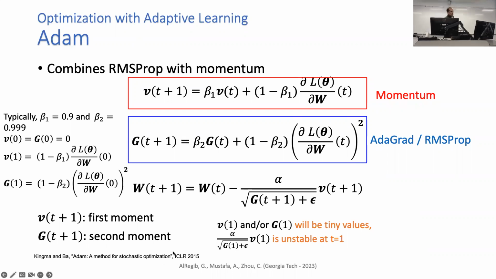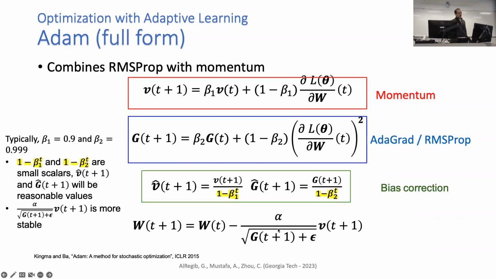I will not go through this in much more detail, but there are some stability issues at certain iterations. So people adapt that by dividing by 1 minus beta 1 and 1 minus beta 2 at previous times. It's just a scaling factor, just to remove any bias that we have.